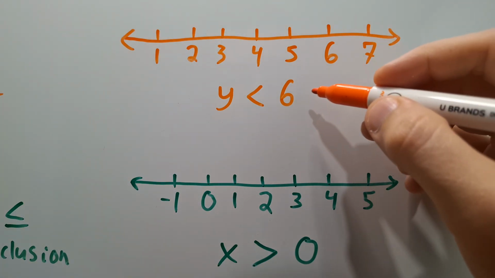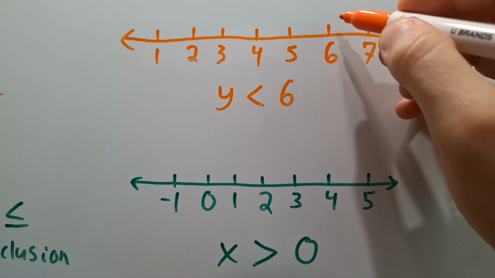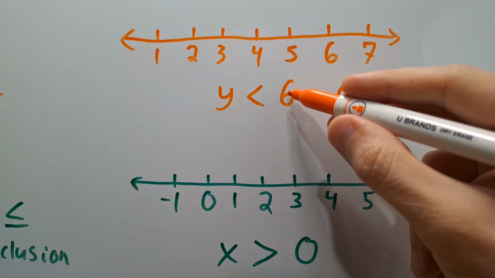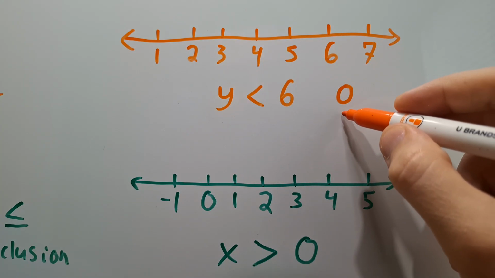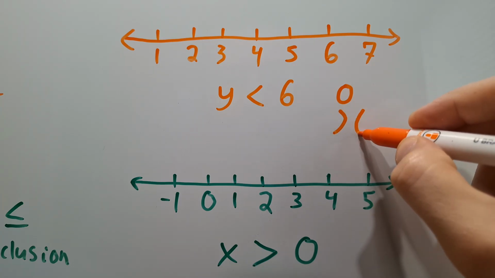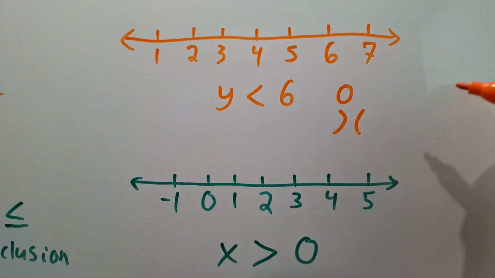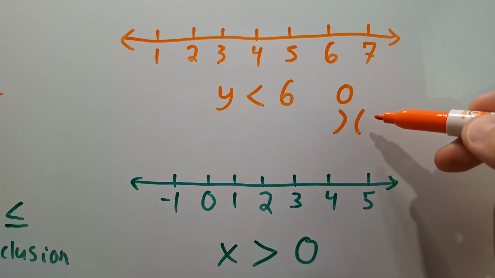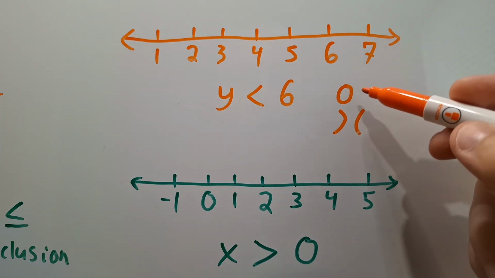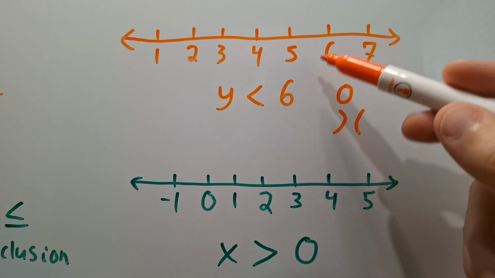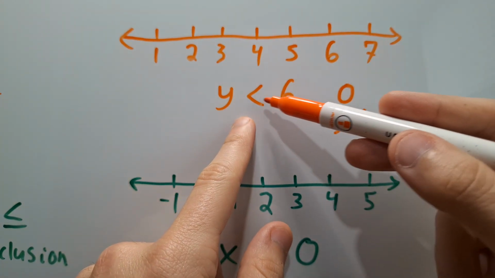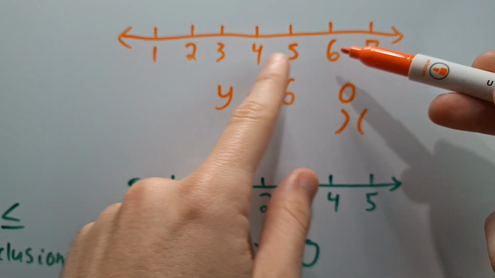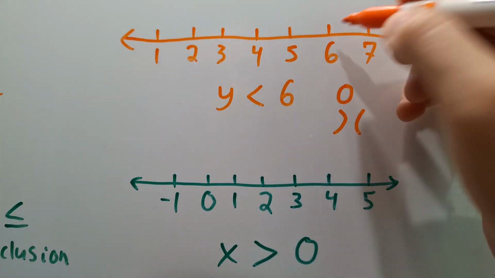You can either graph it, because we're talking about less than, with either an open circle at that specific number or a parenthesis, an open parenthesis specifically. Either representation is correct. One doesn't outrule the other one. They mean the same thing because you're referring to which direction you're going, which in this case would be less than 6. So all values less than 6 are a solution.